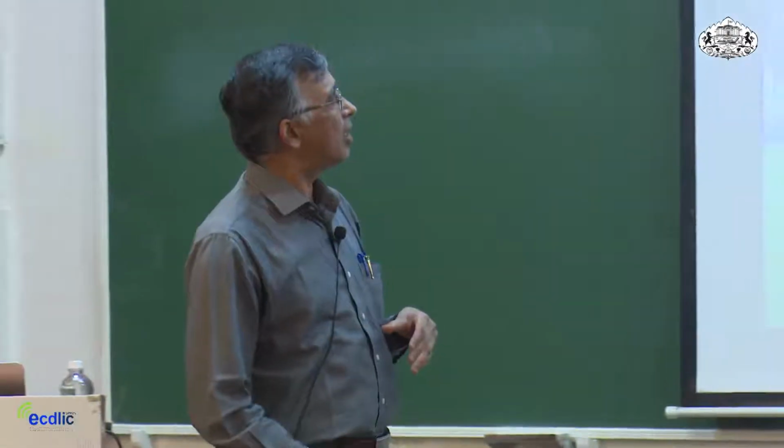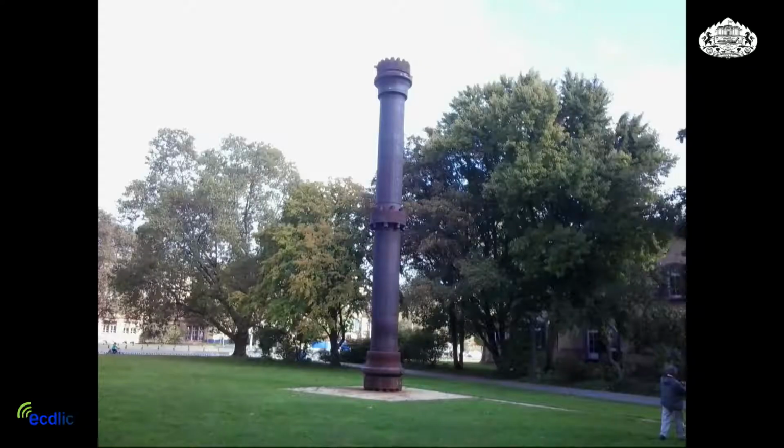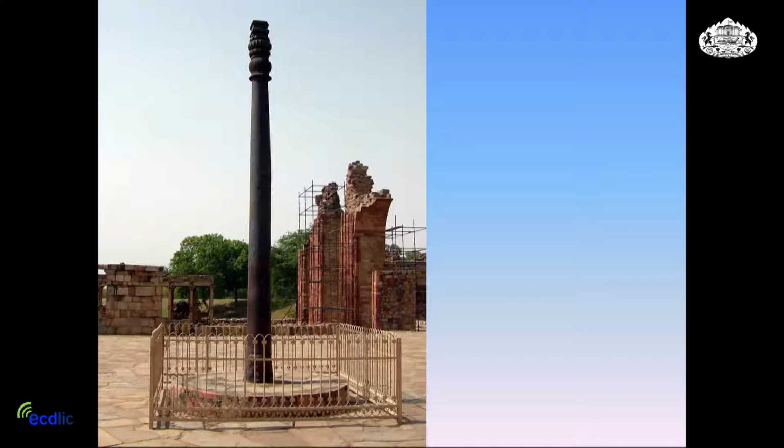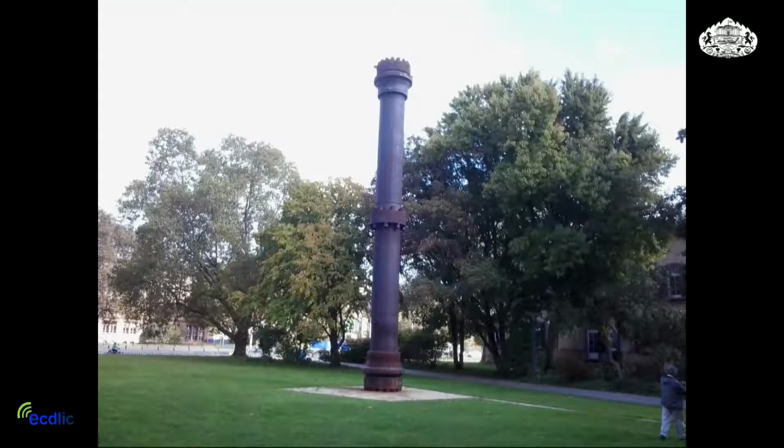Okay, so before I do that, let me ask you a question. This is again something to do with real life. Can I have all the lights off here? This is something that everybody studies in class 6 or 7 in history books, right? What about this? All of you have studied about the reaction. This is actually a reactor, okay?